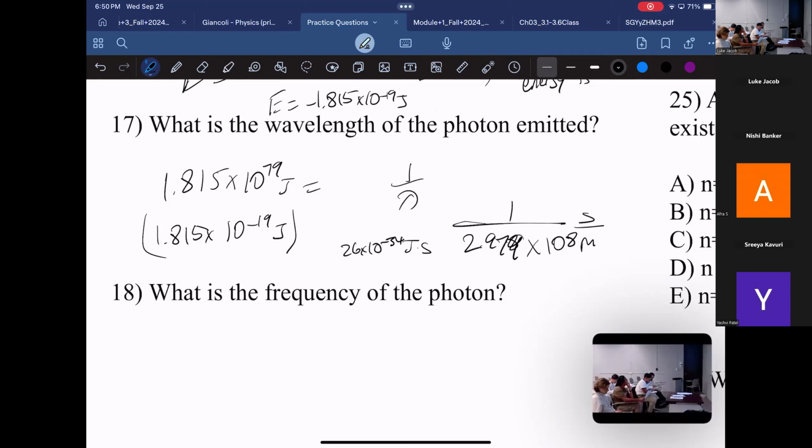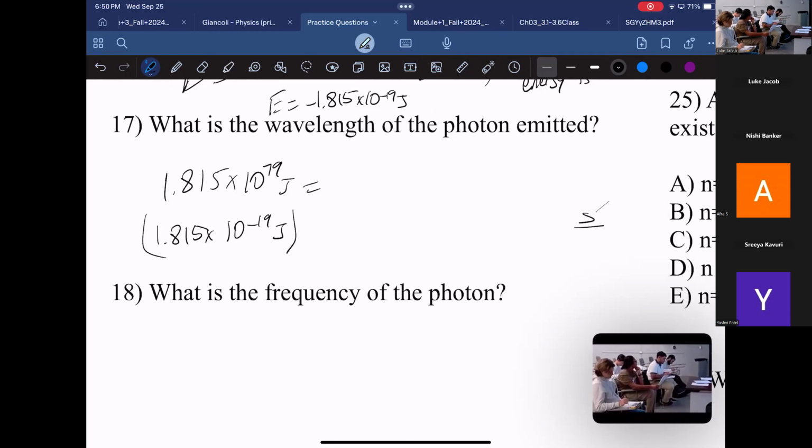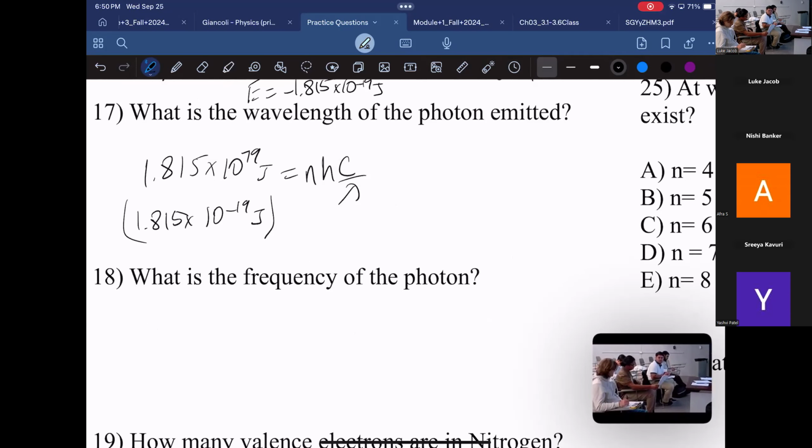Okay, let me do this legitimately. It's 1.0948, so you round it to 1.095.